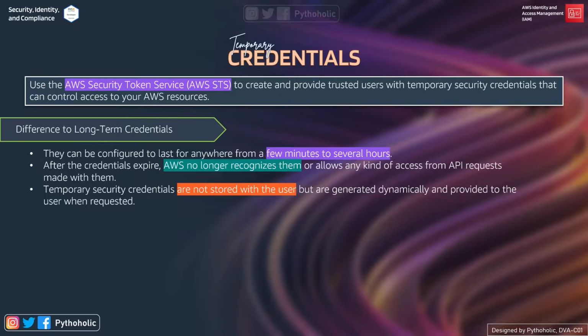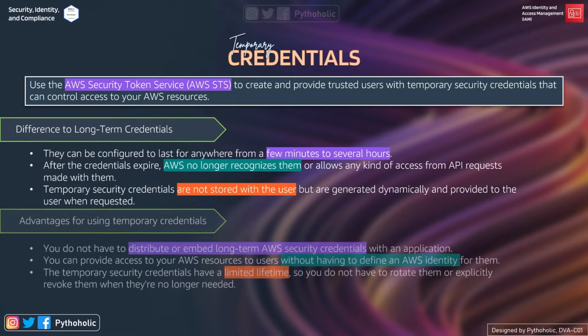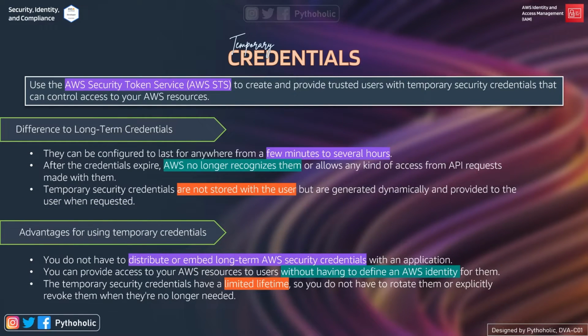Now let's talk about the advantages of using temporary credentials. I think we have already discussed a lot about the advantages, but still. You don't have to distribute or embed long-term AWS security credentials with an application. That's a good thing because that will be much easier to manage and secure as well. Second, you can provide access to your AWS resources to users without having to define an IAM identity for them.